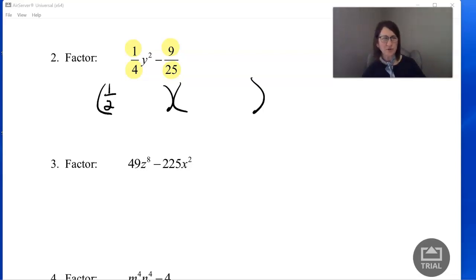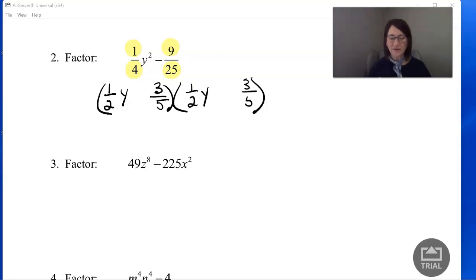The square root of 1 is 1, square root of 4 is 2. And then I've got y, so I put 1/2 y. Now I take 9/25. The square root of 9 is 3, square root of 25 is 5. So 3/5 is the square root of 9/25. One of these is plus, one is minus. Done. See, it looks so ugly, and it wasn't.